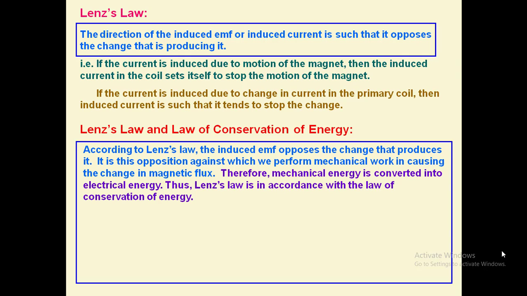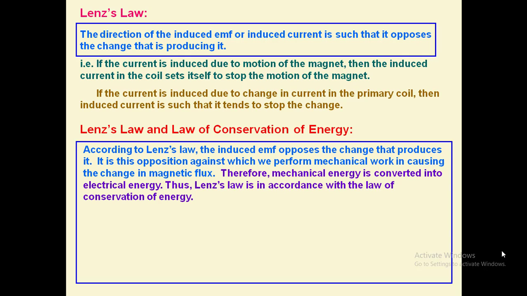Because of induced current, it develops a similar pole. That means it tries to stop the magnet. So we have to perform some mechanical work to change the magnetic flux which is linked with the solenoid coil. Therefore, the mechanical energy is converted into electrical energy.